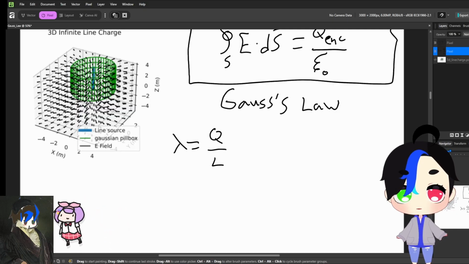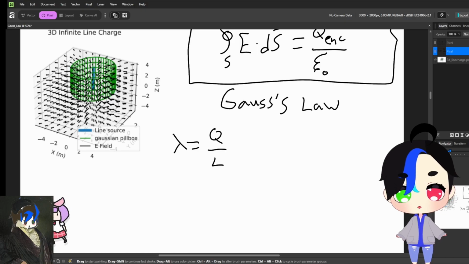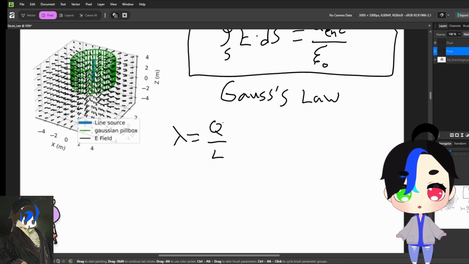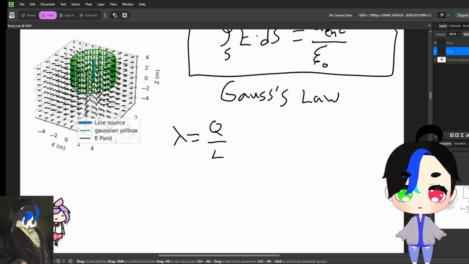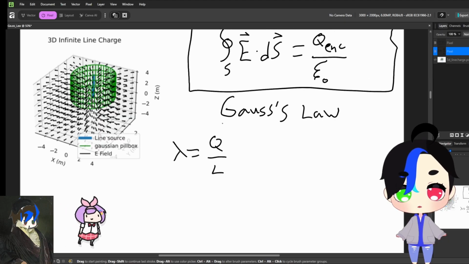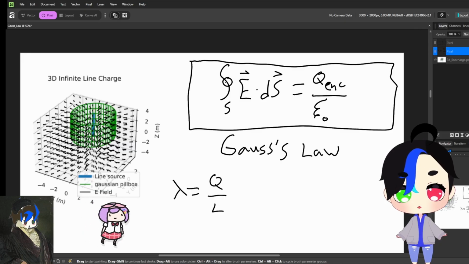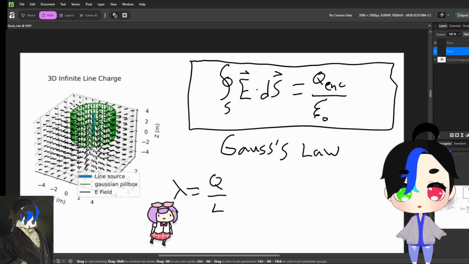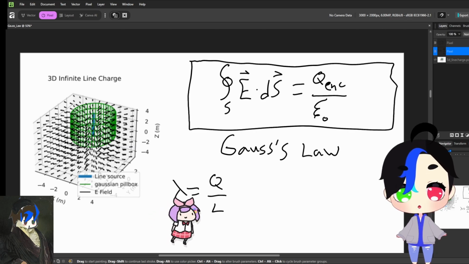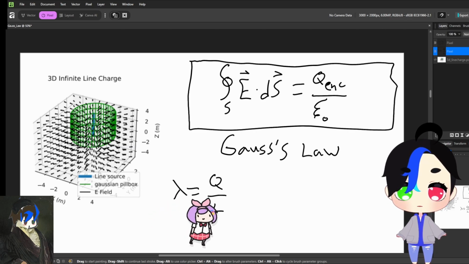The reason I say arbitrary is because Gauss's law holds for any closed surface. Whatever surface we draw is valid for Gauss's law as long as it's a closed surface, which means we're free to pick any type of surface that makes the problem easiest for us.